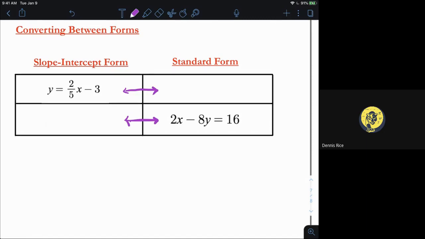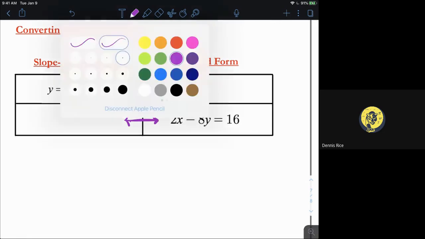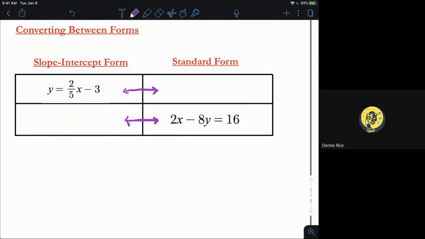So let's start with the top row here. If you want to copy this little table, we're going to change it so it looks different, but it's really the same thing. A math word for that is equivalent. We're not changing it, we're just changing the way it looks. We're not changing its value, I should say.